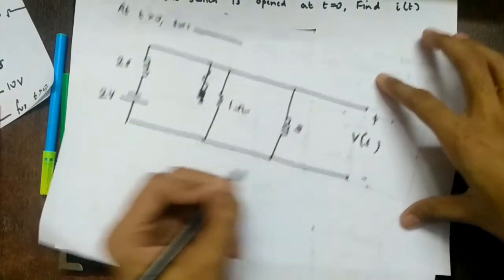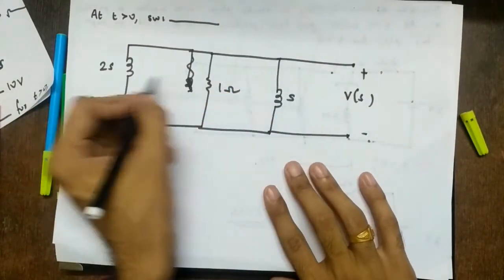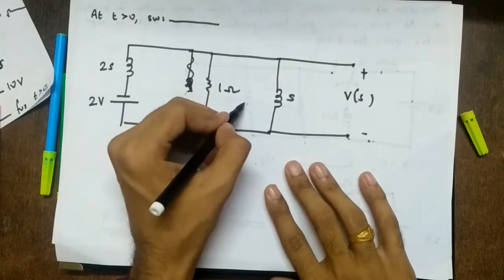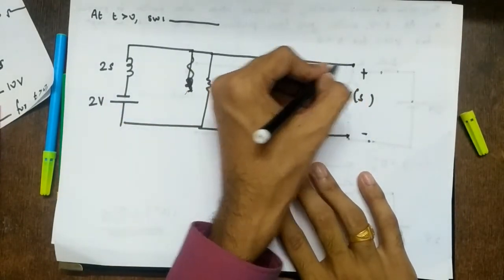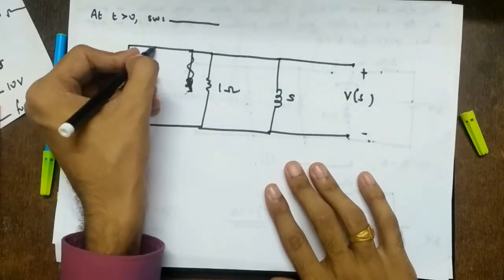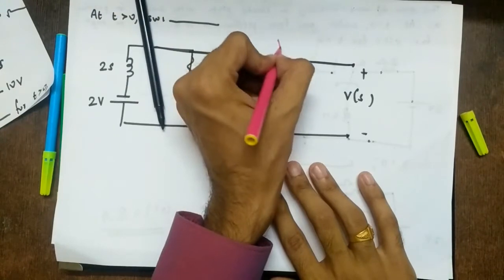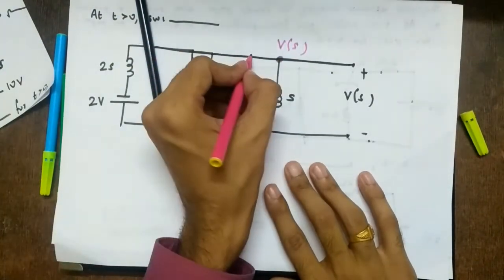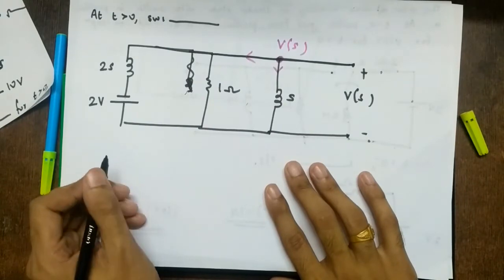This is plus minus. What is the simplest method? Obviously KCL, because if you use KVL you will require 2 loops, and then you will again require a KVL equation here to find V(s). So this V(s) is common over here. Again assume all currents are going away.